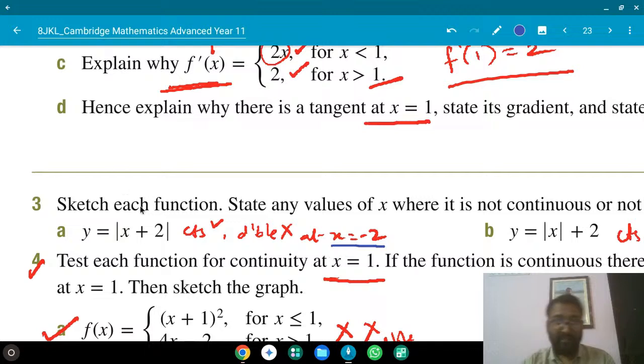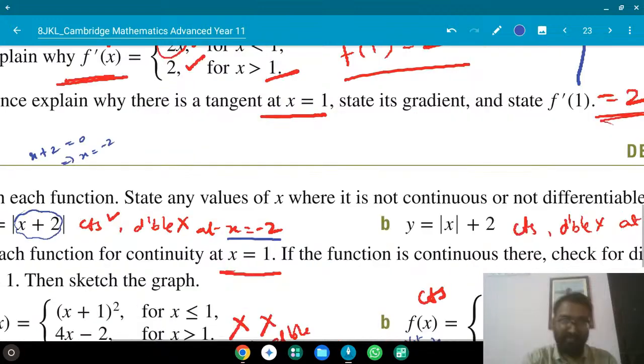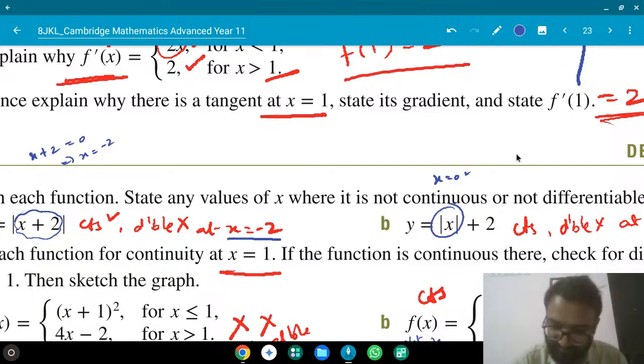Wherever the internal part becomes 0, meaning x plus 2 equals 0, implies x equals minus 2, differentiability is gone. Here, mod x, so x equals 0, differentiability gone. Is it clear? Wherever the modulo is there, and internally the function becomes zero, differentiability will go.